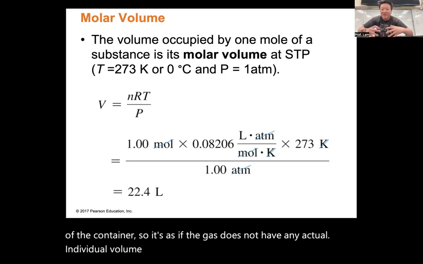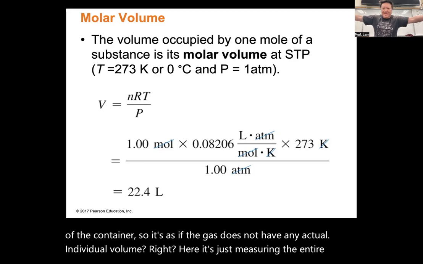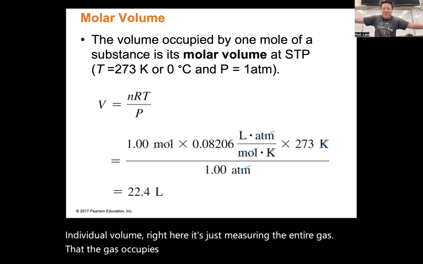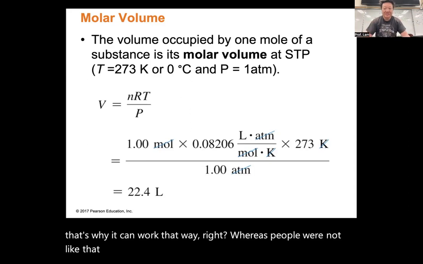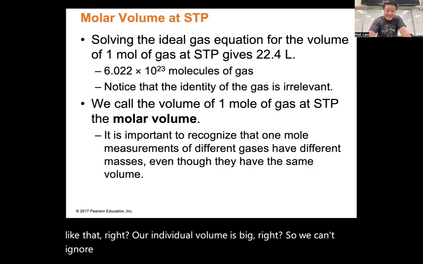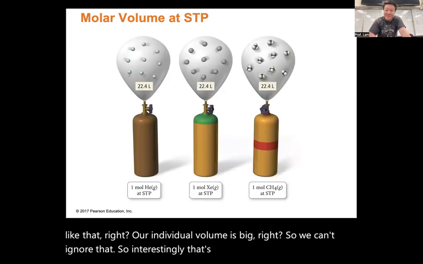Here it's just measuring the entire space the gas occupies, where it can fly to. And so that's why it can work that way, right? Whereas people, we're not like that, right? Our individual volume is big, so we can't ignore that. So interestingly, that's how it goes, right?